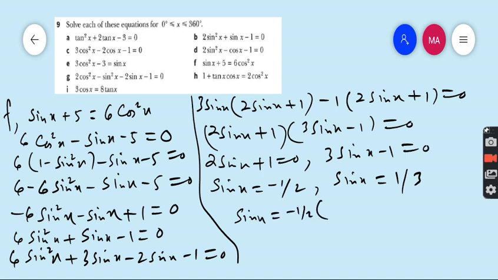Sin x is equal to minus 1 upon 2, which is negative, and sin is negative in third and in fourth quadrant.